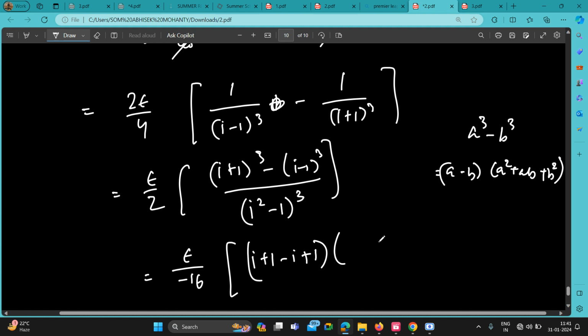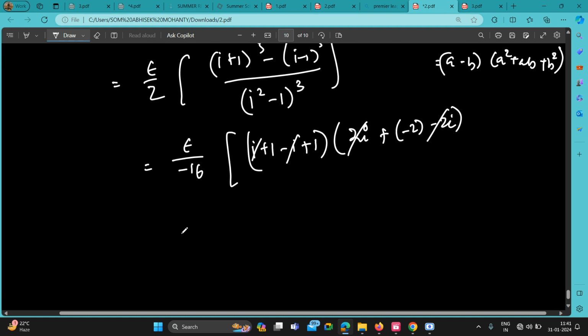A square also we have to calculate. That will be 2i plus ab, that is minus 2, b square minus 2i. Cancel out, this is cancelled out. 2, 2, 2 minus, minus 4 epsilon by 4. If you calculate this, the answer will be epsilon by 4.